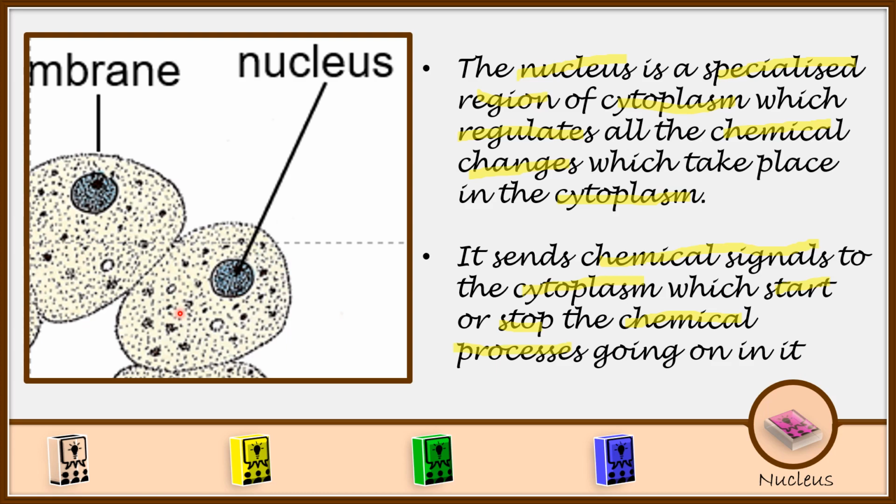So the nucleus is the controller, the regulator of all the chemical processes that are going on in the cytoplasm.